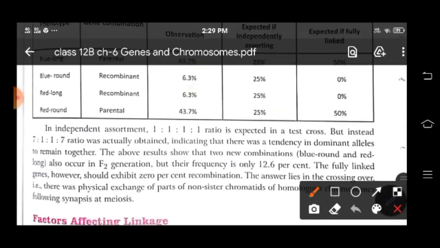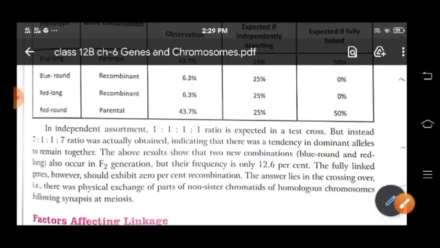Instead of the ratio expected in independent assortment, a 7:1:1:7 ratio was actually obtained, indicating a tendency of dominant alleles to remain together.